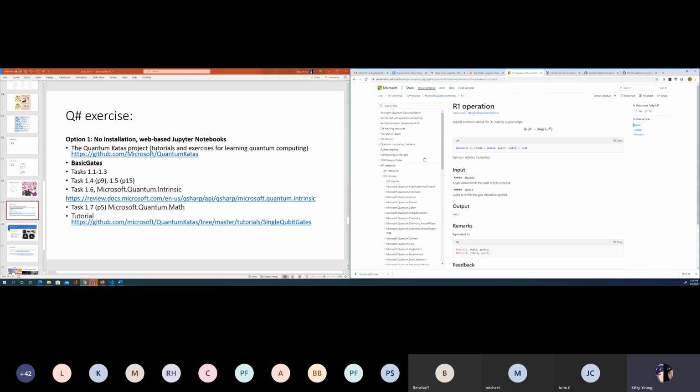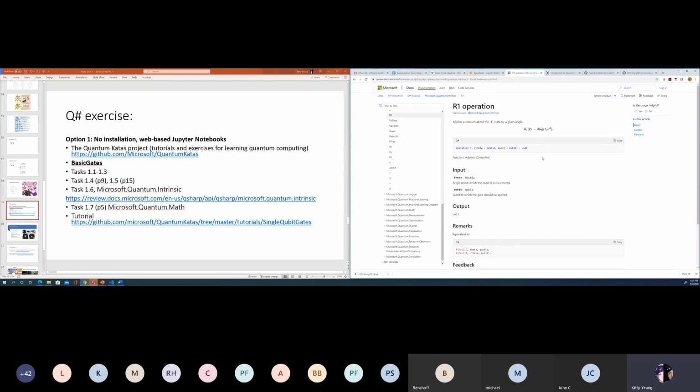If you search for Microsoft Quantum Development Kit, you'll find the documentation, and at the bottom, you have this API reference, and it has all of these Q# libraries. There is a Microsoft.Quantum.Intrinsic that has a list of gates that you can use. I have already landed on this R1 operation.